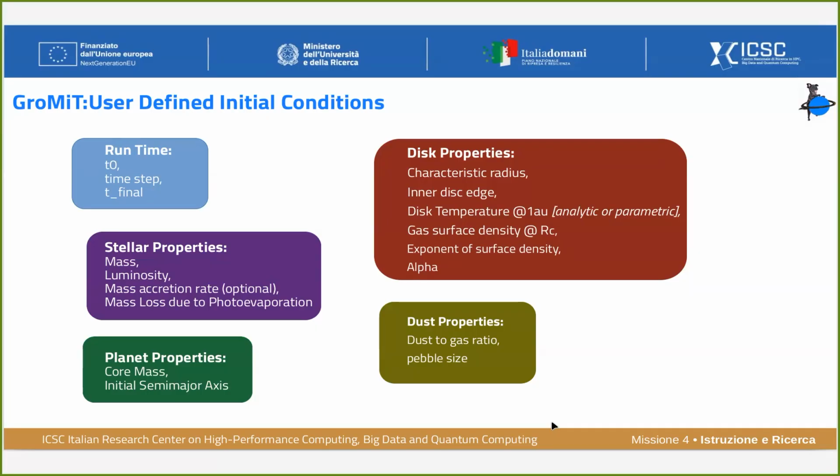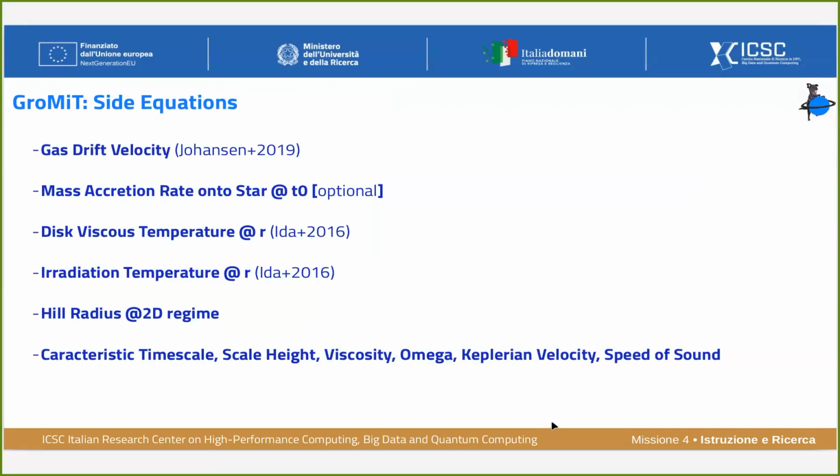In the initial parameters file, the user basically can choose what they want to do. Then this is following the flow chart that I showed before. The code goes through the gas drift velocity. Well, actually, these are the Ida equations, sorry.